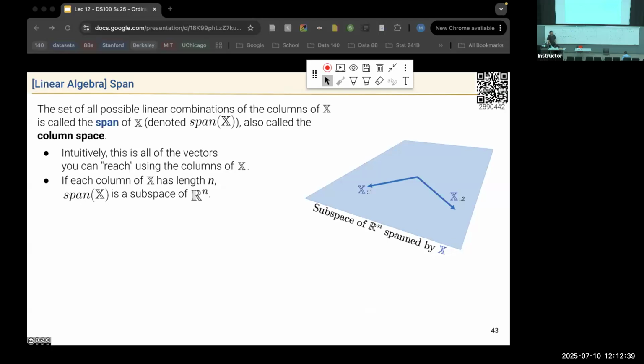And what I can do is look at the span of these columns of the matrix. This is called the column space of a matrix. It's the set of all linear combinations of the column vectors of the matrix, or the span of the matrix's column vectors. And for short, we just call it the span of X, right?